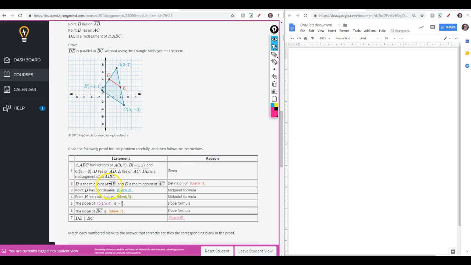Point D is the midpoint of segment AB, and point E is the midpoint of segment AC. I'm noticing that point D and point E are both endpoints for segment DE, and that they had stated that segment DE was the mid-segment of the triangle.